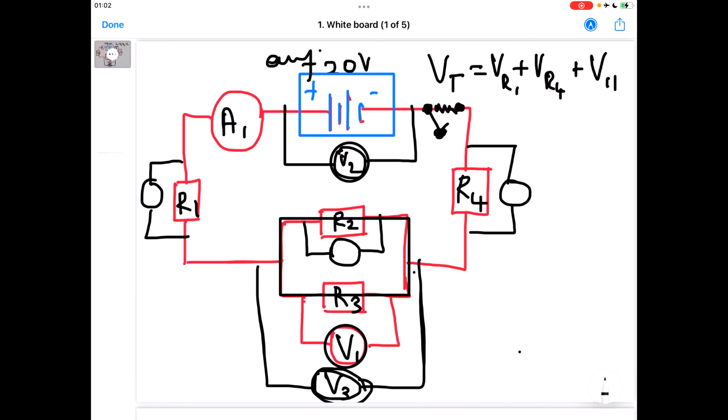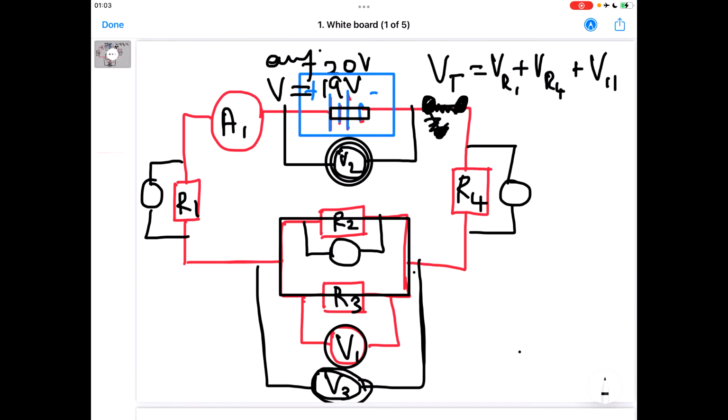Now the switch is closed. When the switch is closed, this V might change, it might not change. If it changes, let's say now V is no longer 20, but it is 19 volts. If it changes, it's because there's what we call the internal resistance of that battery.